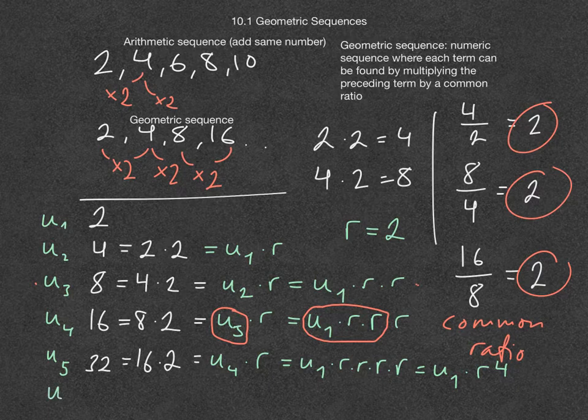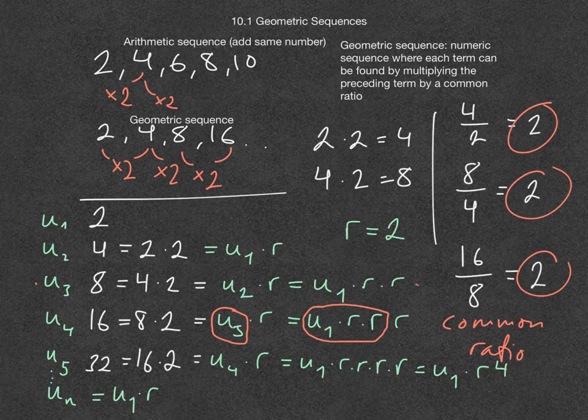Is it possible to generalize this for an nth term? So the nth term in this number sequence, well, we don't have an actual number for that, but that number would be the first term multiplied with r, but how many times? In the previous row, we saw that for u5, we had to put r, the common ratio, to the power of 4.